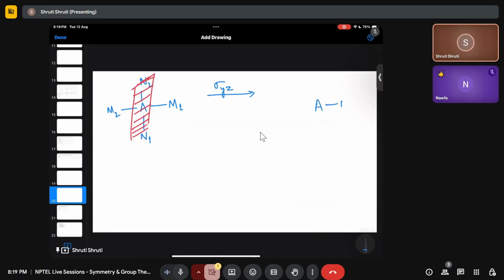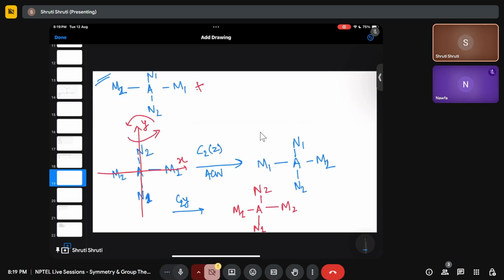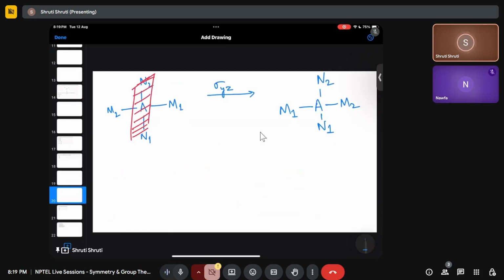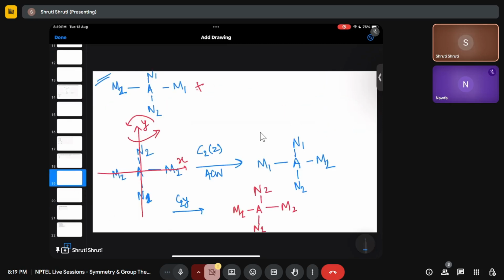So it will be m2, m1, and n1, n2 will not change places. So this is also not matching. N1, n2 should change their places. So this is also not the answer.